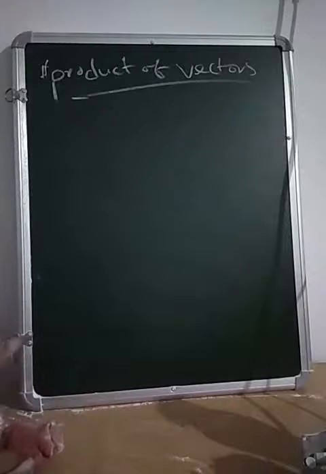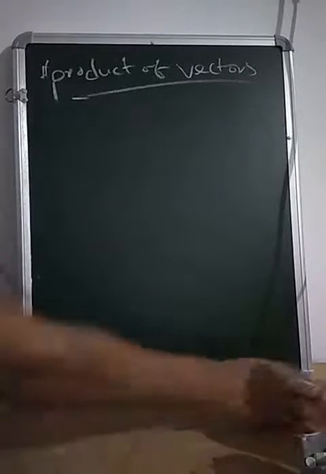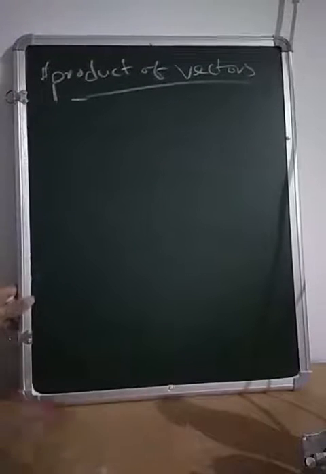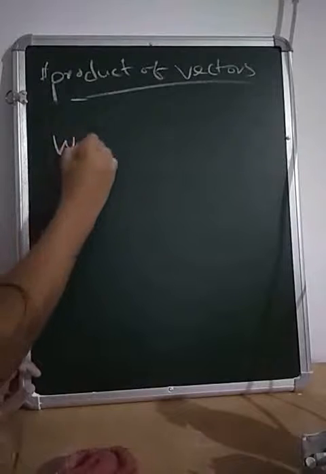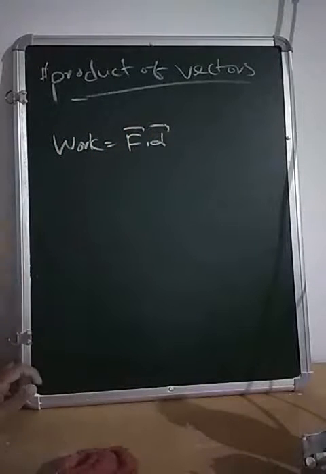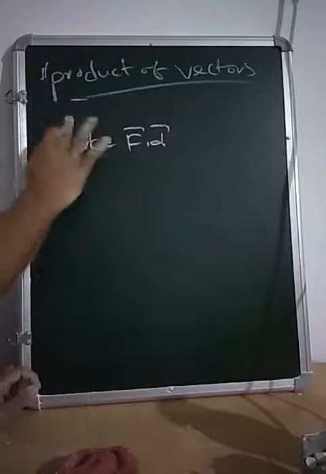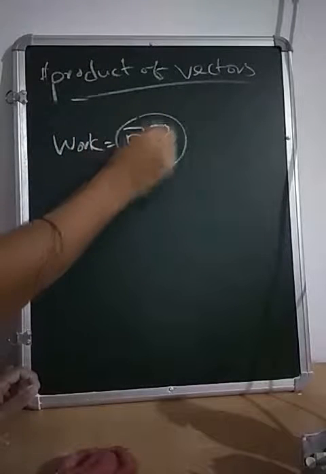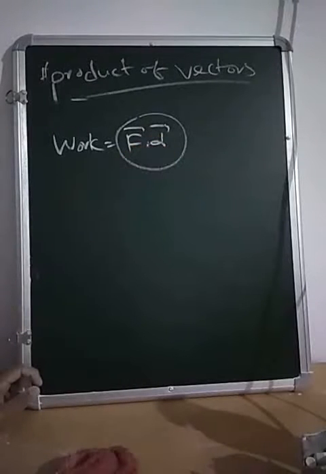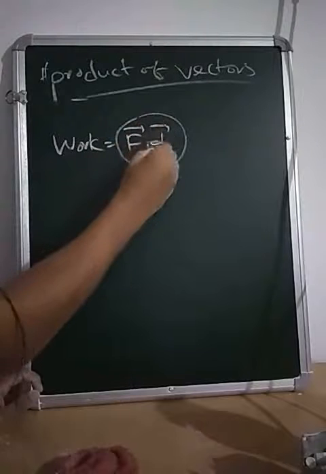Okay, so when you go for calculating work, work is what? F dot D. Okay, work is a scalar quantity and it is a product of two vector quantities. These are force and displacement. Force and displacement are two vector quantities, and work is the dot product of force and displacement.